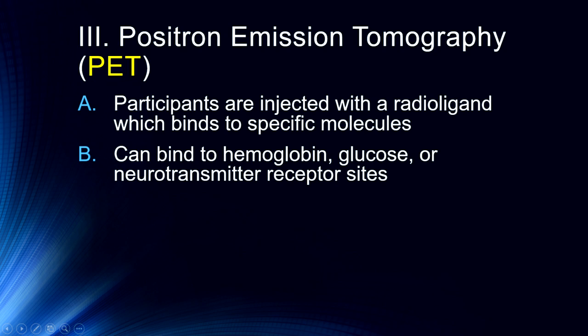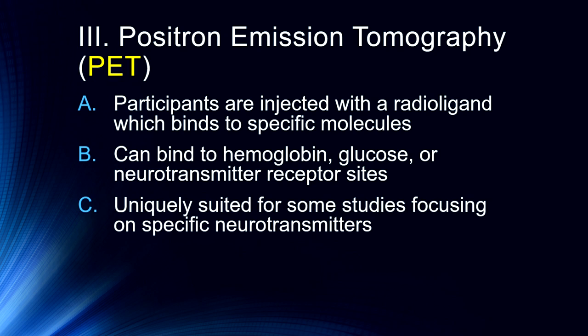So again, hemoglobin, glucose, neurotransmitter receptor sites are all targets for PET scans. So this is a broadly used technique in cognitive neuroscience because we can track where the brain is active at any given time, which is what makes it a functional neural image, because we can image where the brain is using any of these particular substances at a given time.